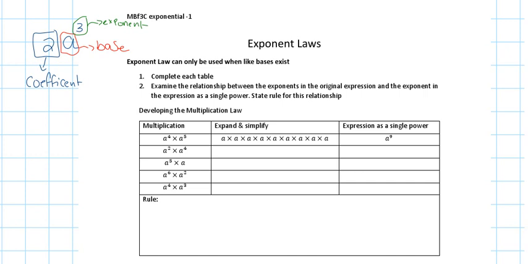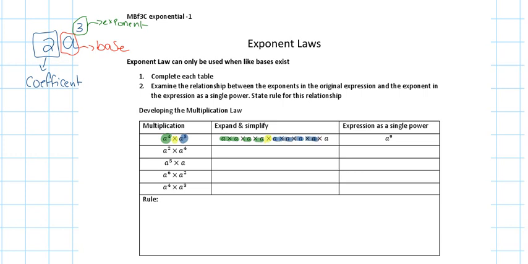Yes? Then I have the multiplication, which you see right here. Then you have a to the power of 5, which is a times a times a times a times a. Yes? So how many a's are multiplied together?